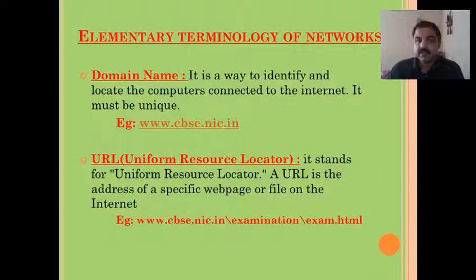Then we saw domain name and URL. Domain name is a way to identify and locate the computers connected to the internet. Similarly, the URL is the address of a specific web page on the internet.